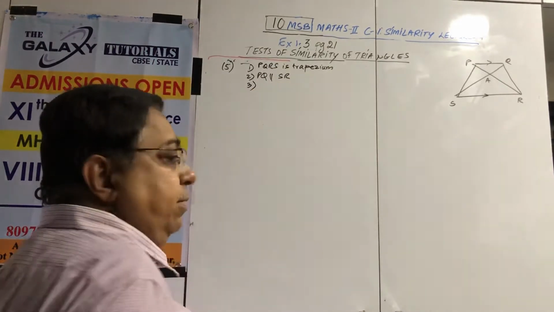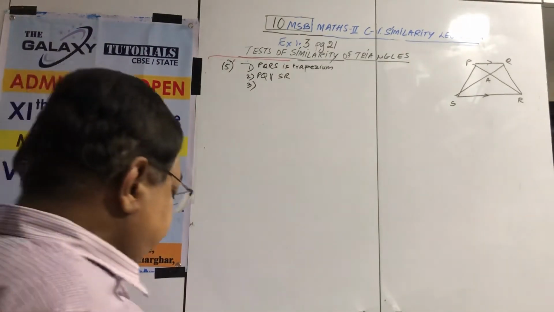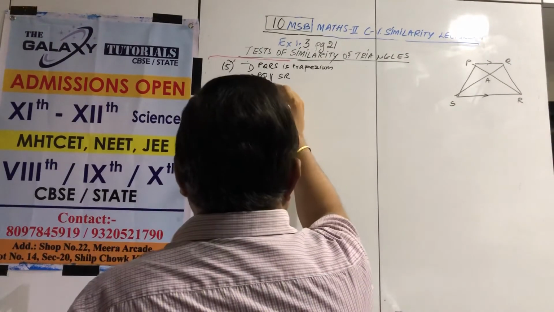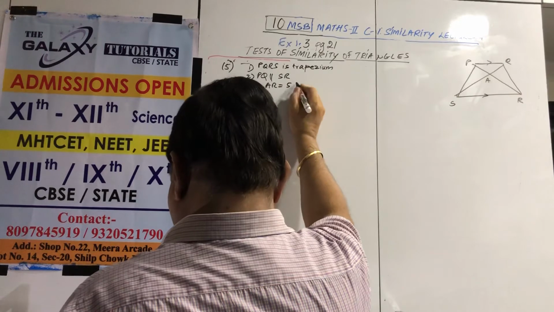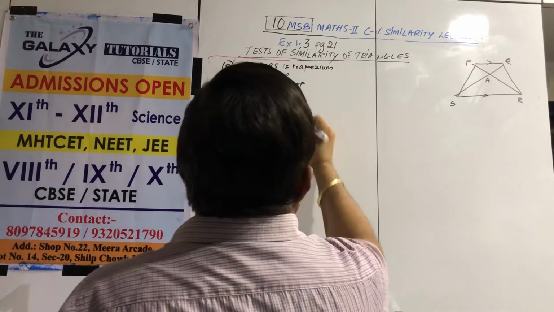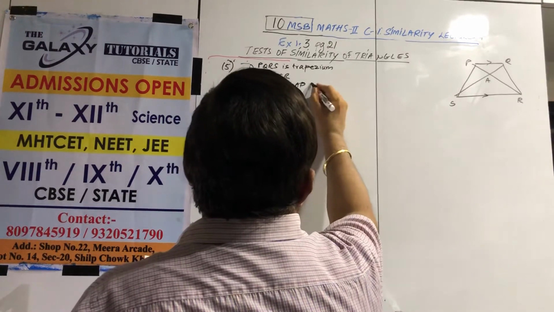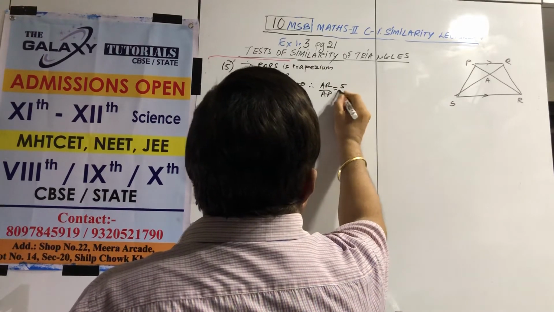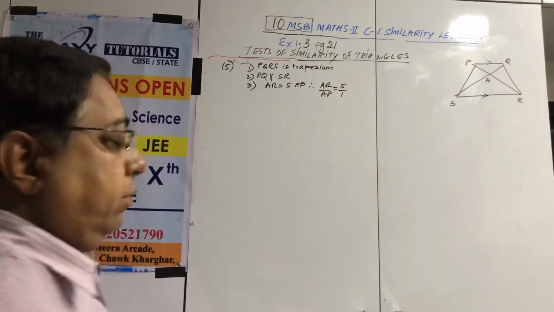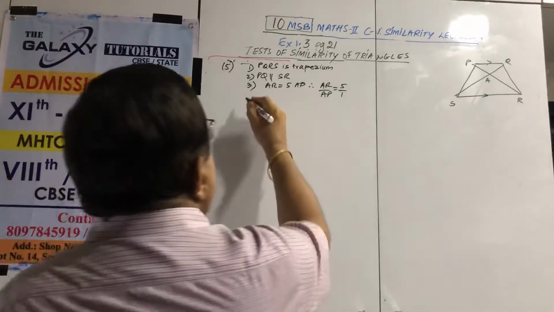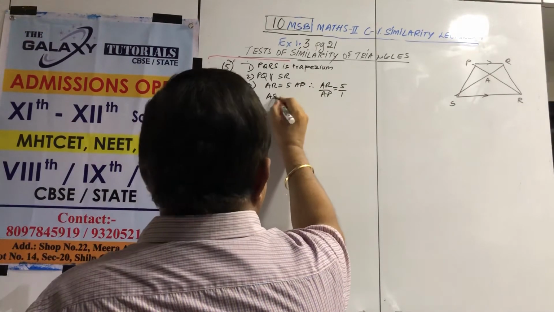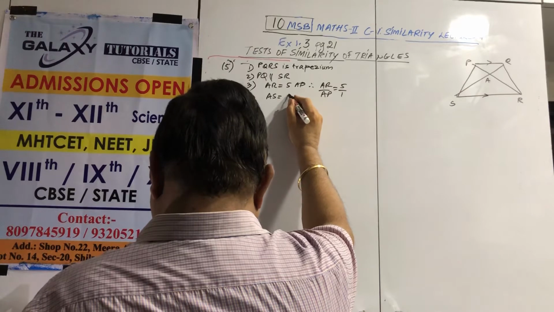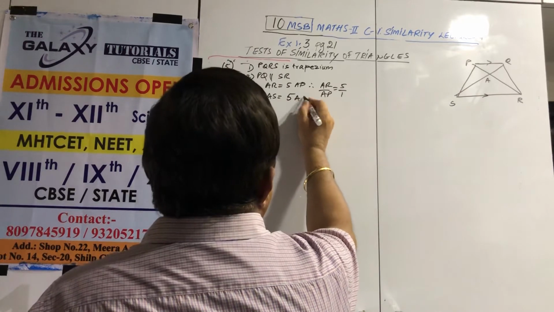Third, we are given that AR is 5AP, or in simple language, AR upon AP is 5 upon 1. And we are told AS is equal to 5 times AQ.